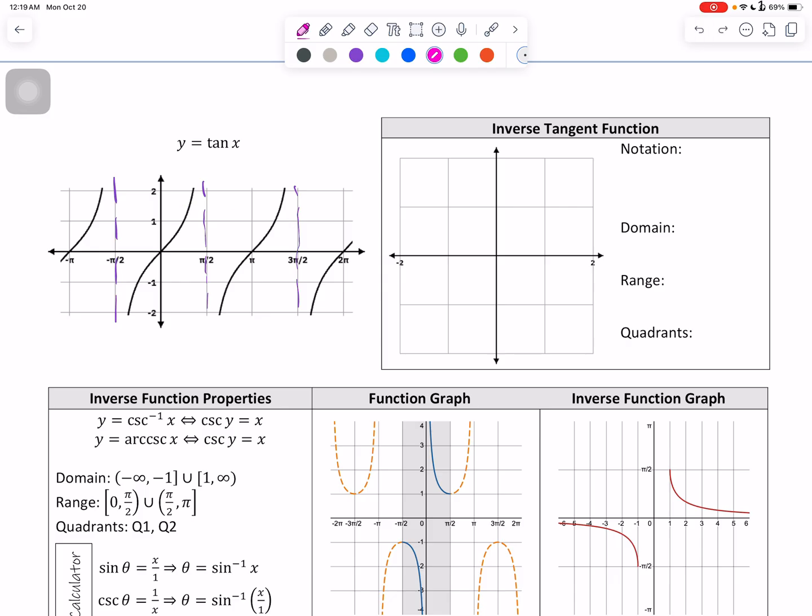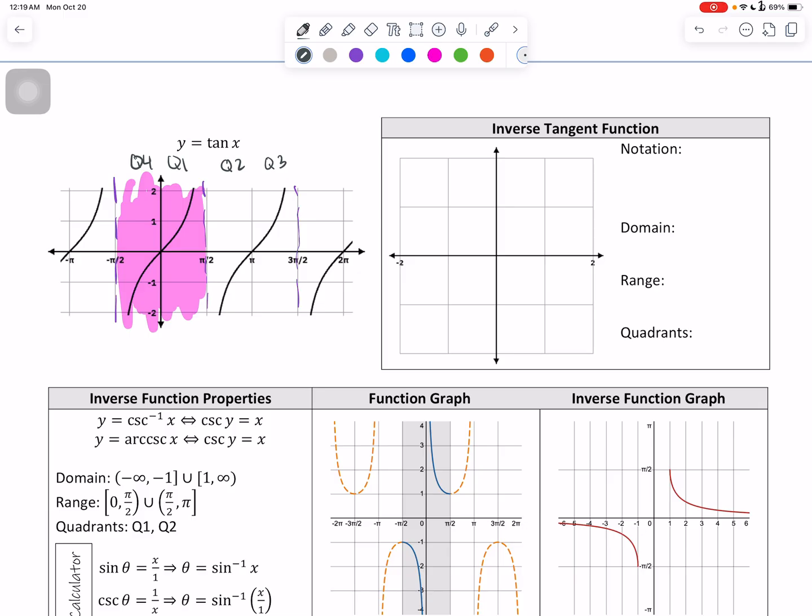So if we do that, this one would be quadrant 4 and quadrant 1. Right? Quadrant 2 starts on a different tangent curve in the function.